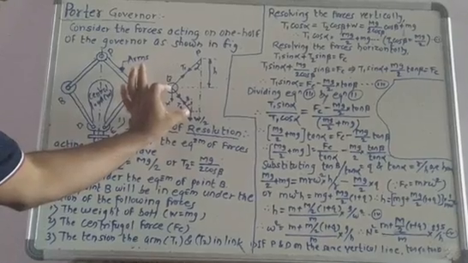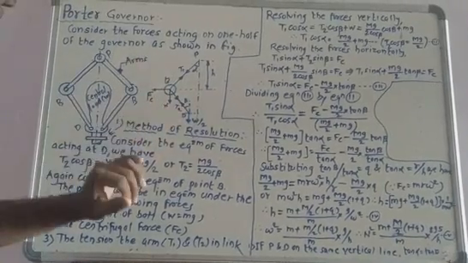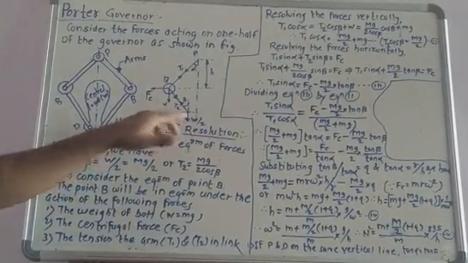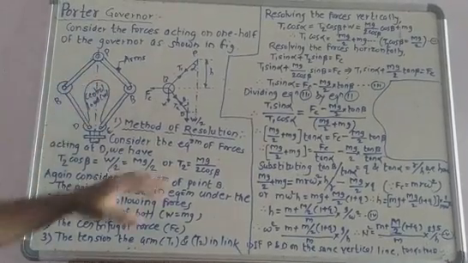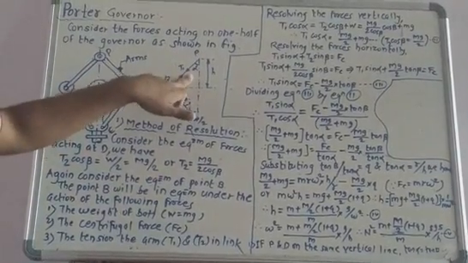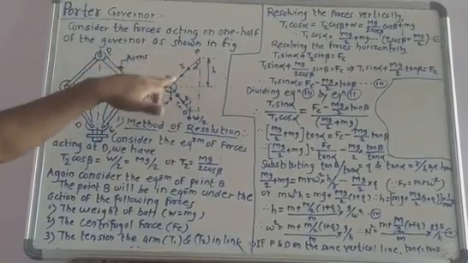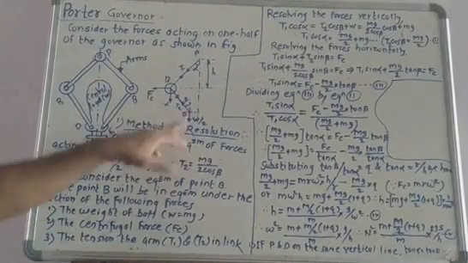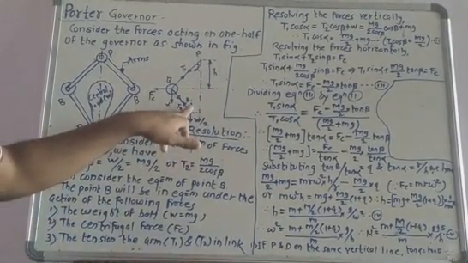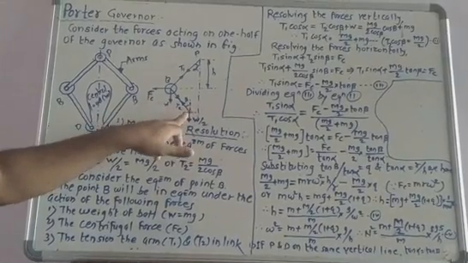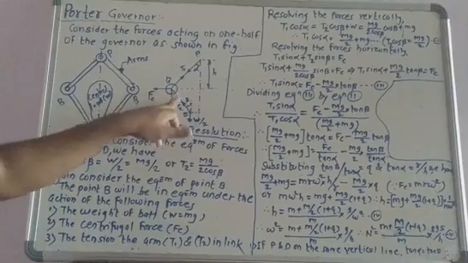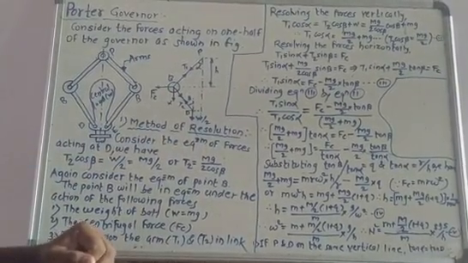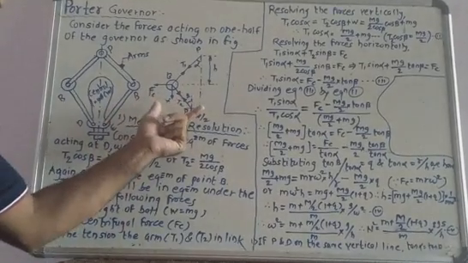T2 is the tension in the link. Capital W indicates the weight of the central load. Alpha is the angle made by this arm with the vertical axis, that is the spindle axis, and beta is the angle made by this link with the vertical axis. N indicates the speed in RPM.